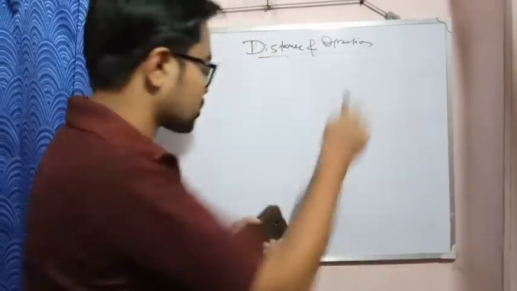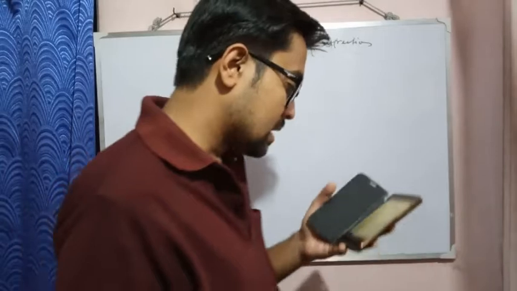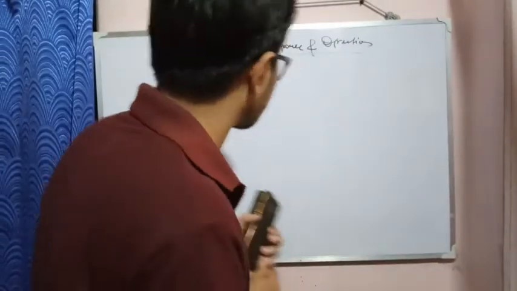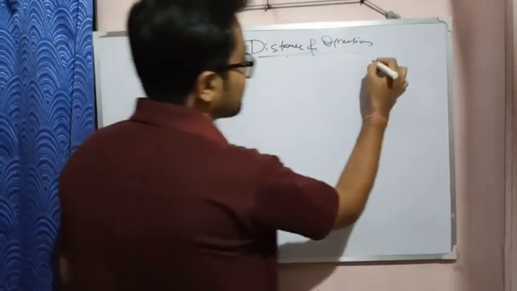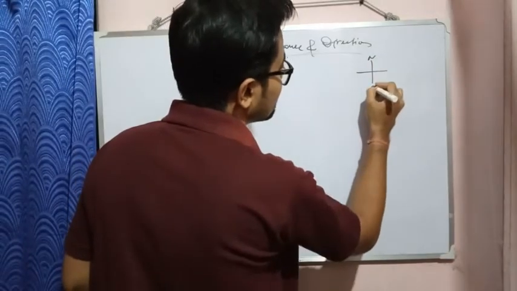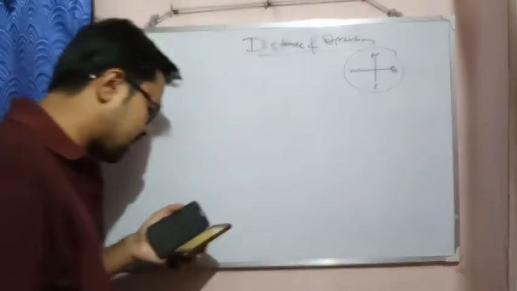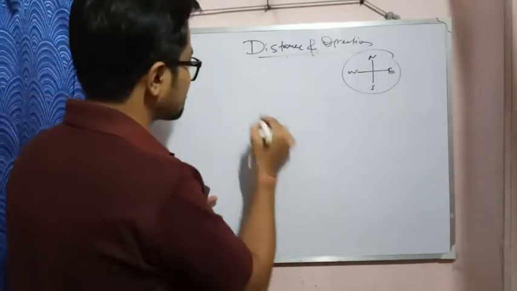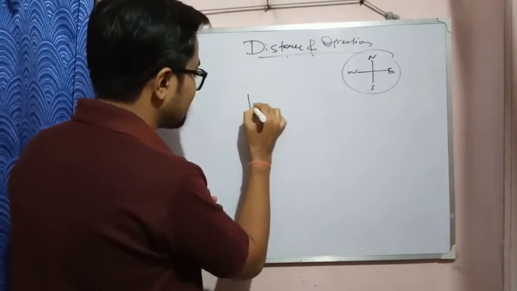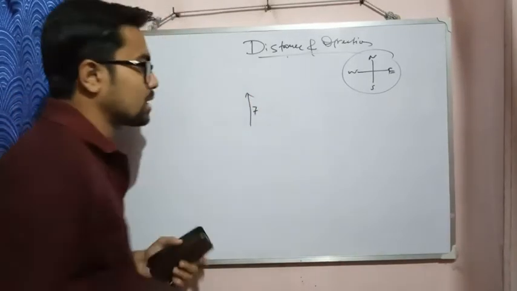I will not write down the questions. Sam travels 7 kilometers towards north. We all know that this is north, south, east and west.